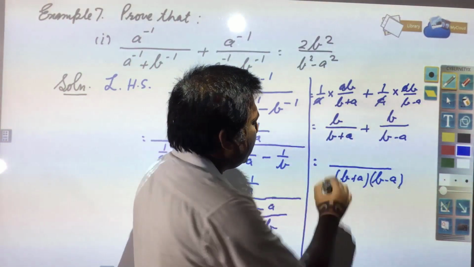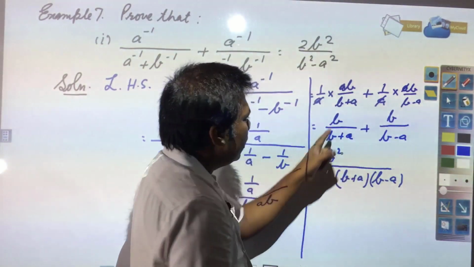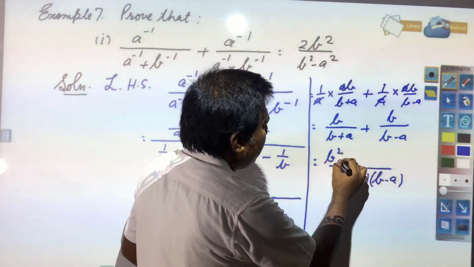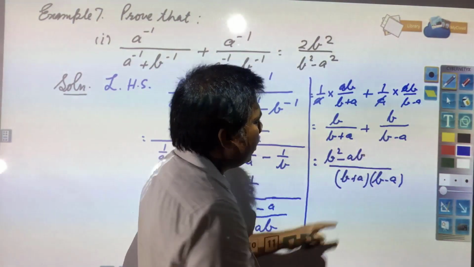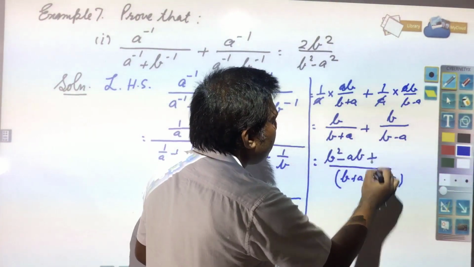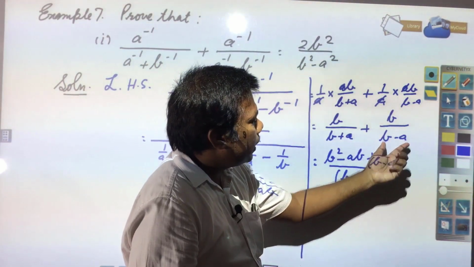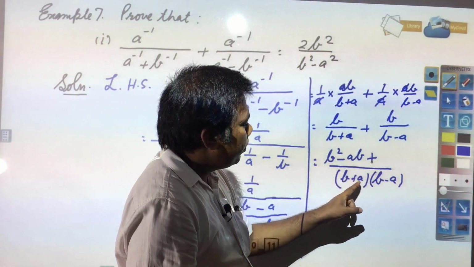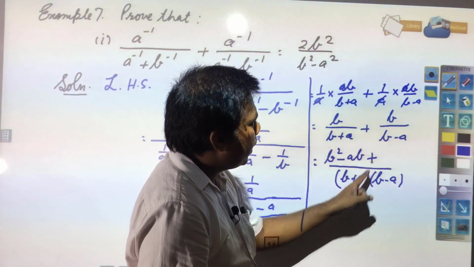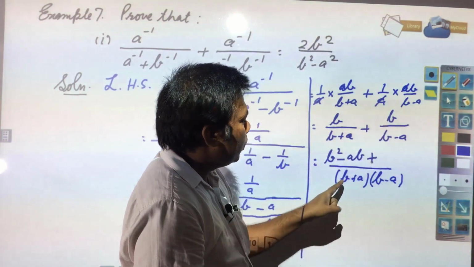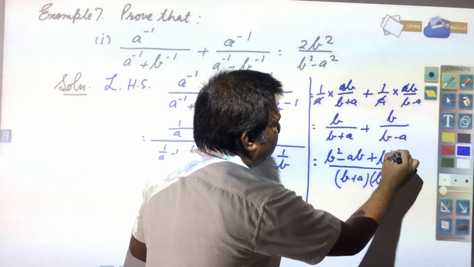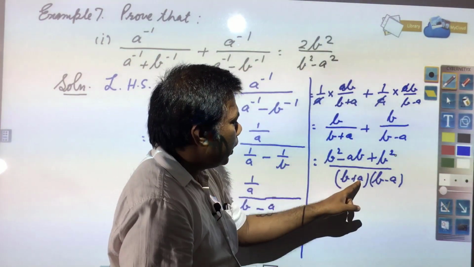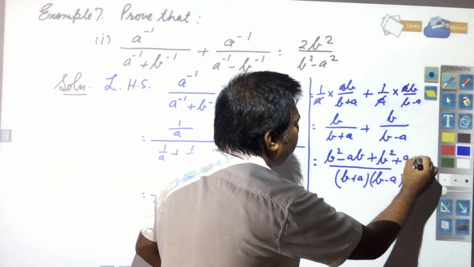B into B is equal to B square, B into minus A is minus AB, plus here dividing by B minus A you will get B plus A, and this B plus A is required to be multiplied with B. B into B will be B square, B into A will be AB.